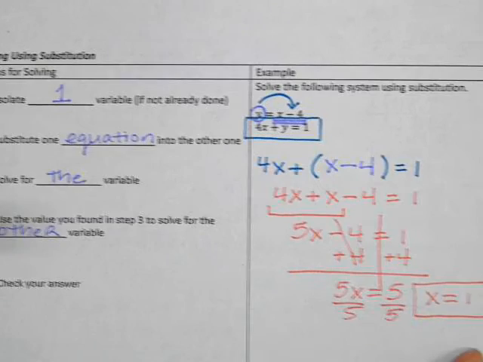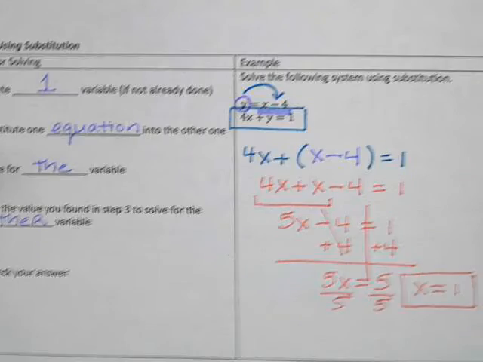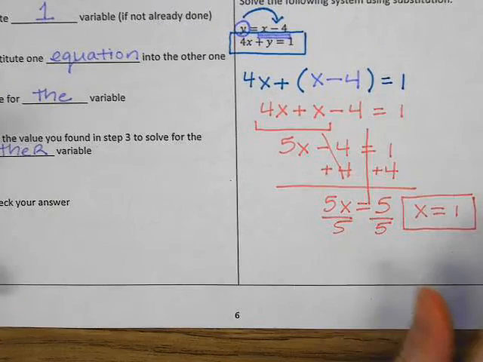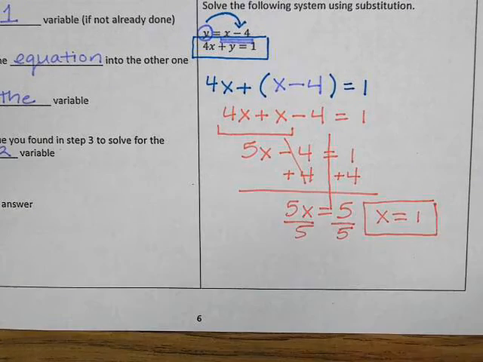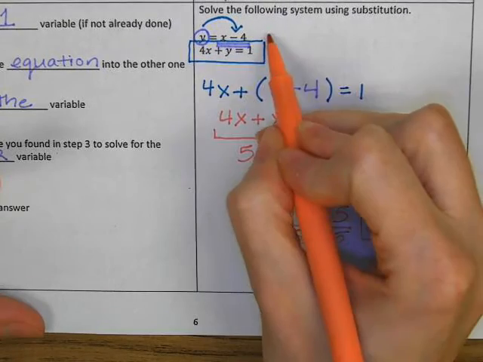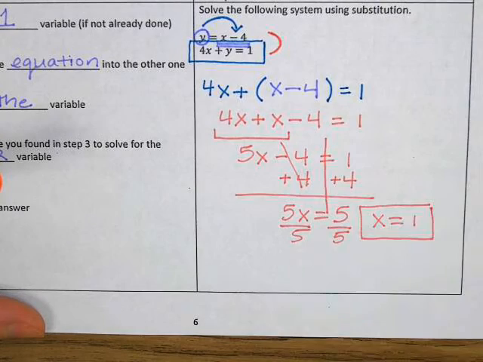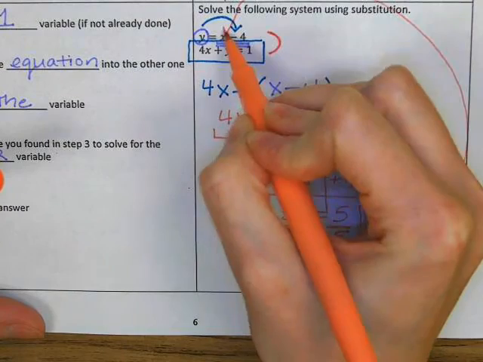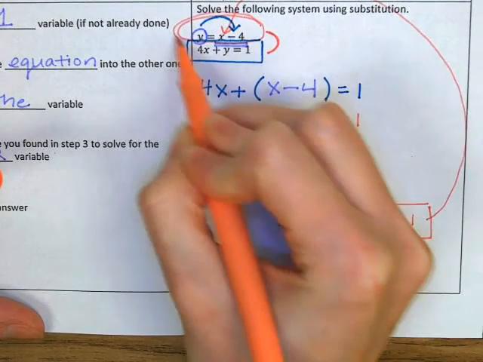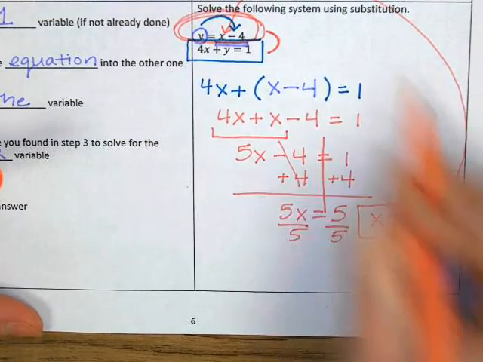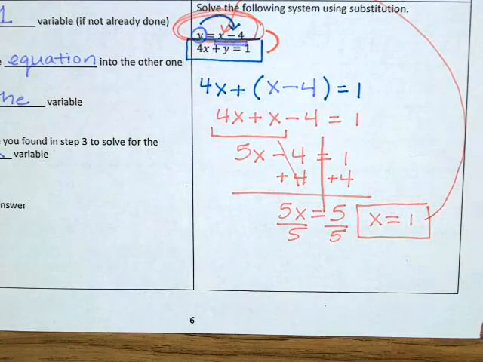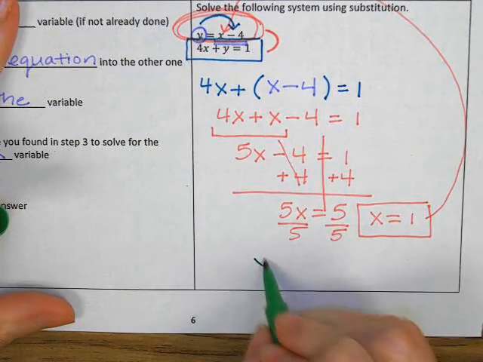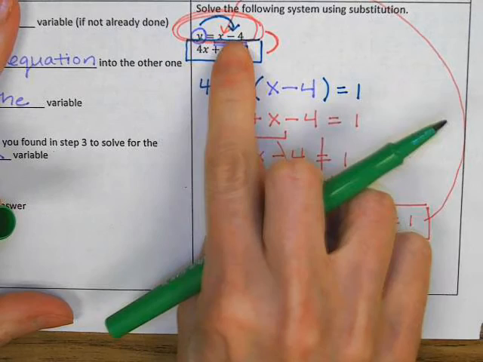Okay, so now that we found x is 1, now we have to plug x back in as 1 and try to find y. And you can plug it into either one of these. It doesn't matter. I like to plug it into the original. Okay, so into this equation, I'm going to plug in x equals 1. Okay, so in order to find y, it was just x minus 4.